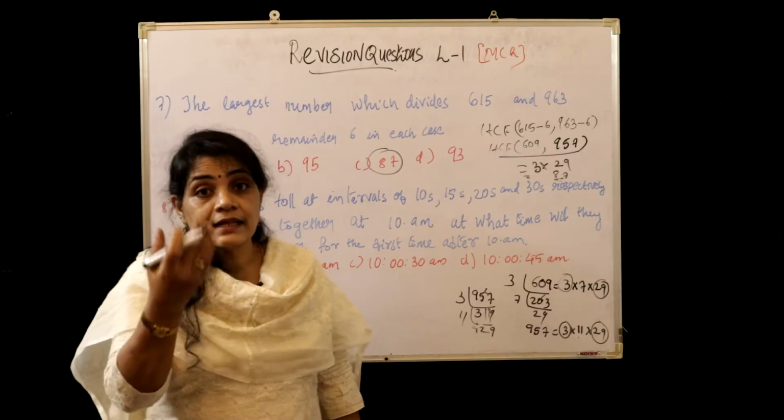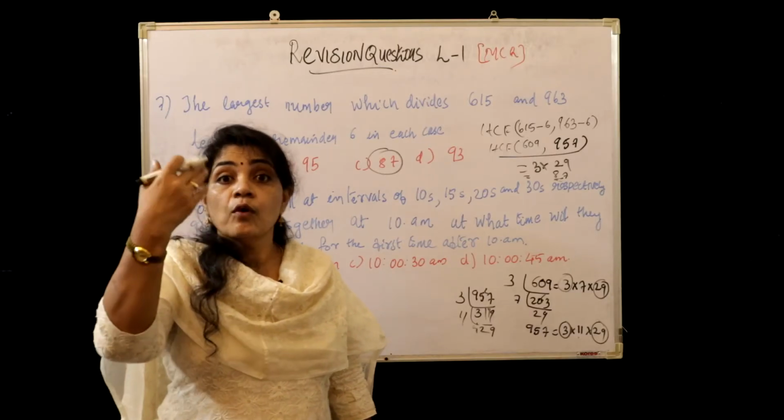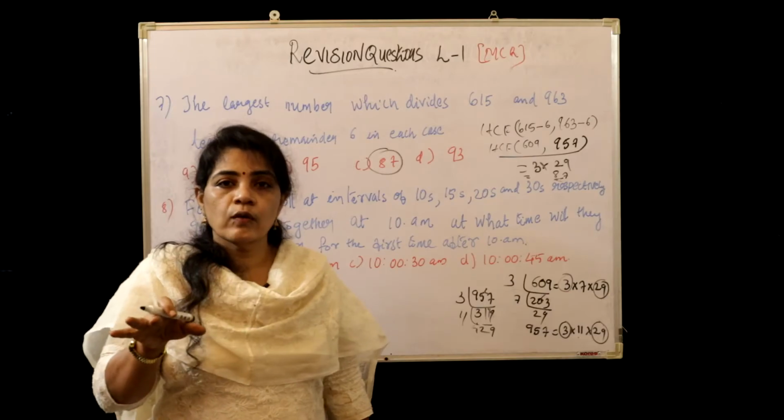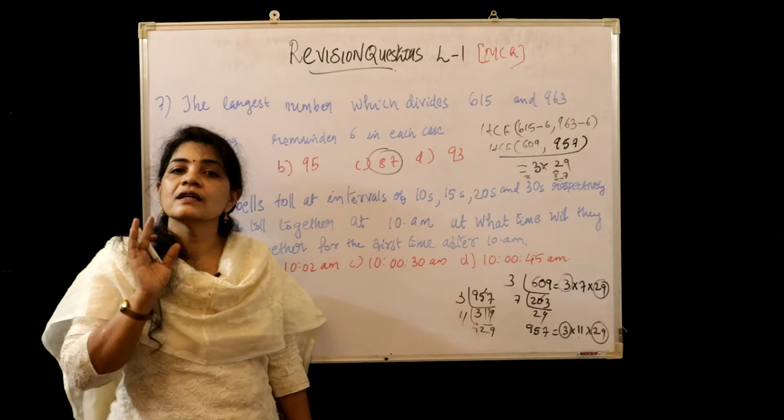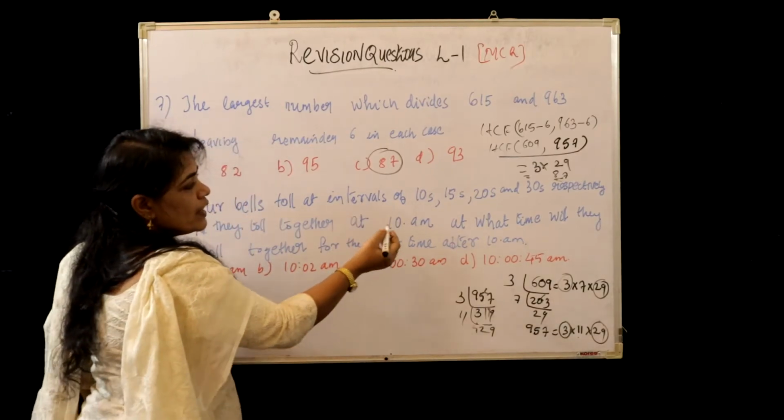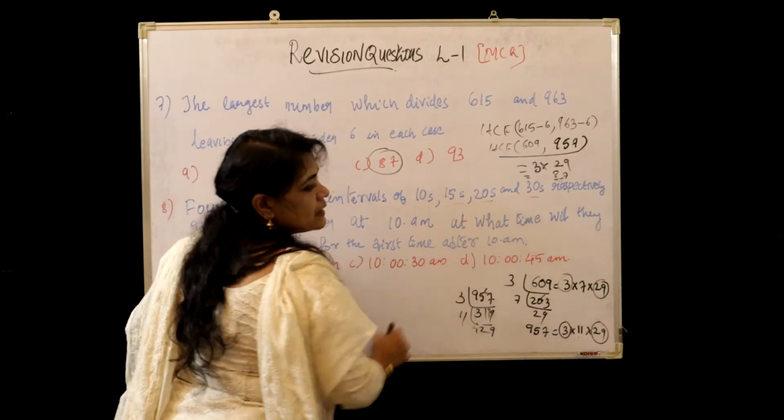Here that comes greater than, that number will be more than 10 o'clock, it is over, and the next time, so there you have to find out the LCM. So LCM of 10, 15, 20 and 30.